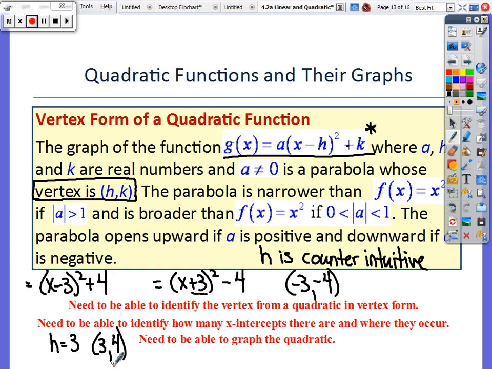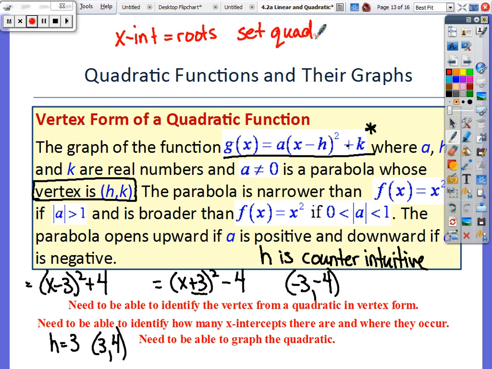You need to be able to identify the vertex from a quadratic in vertex form. You need to be able to identify how many x-intercepts there are and where they occur. Now, when we talk x-intercepts, I'm going to erase some of this. Actually, I'll just go to the top here. There's some room. When we talk x-intercepts, what we're talking about here are the roots, or where it crosses the x-axis. These are the solutions. We set the quadratic equal to 0.